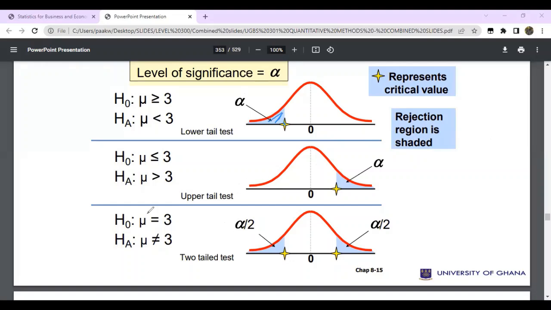Now for the two-tail test, you are going to divide your alpha by 2. So if the alpha is 0.05, you divide it by 2 to get what? 0.025. So take note for the two-tail test.